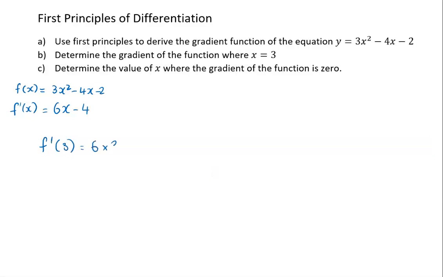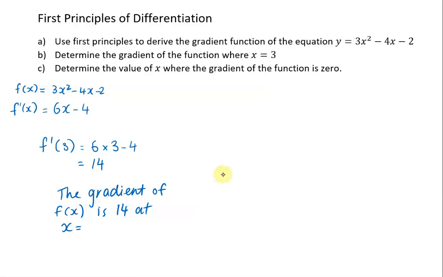So we have 6 times 3 minus 4, which is 18 minus 4, which is 14. So that tells me that the gradient of the function f of x is 14 at x equals 3.